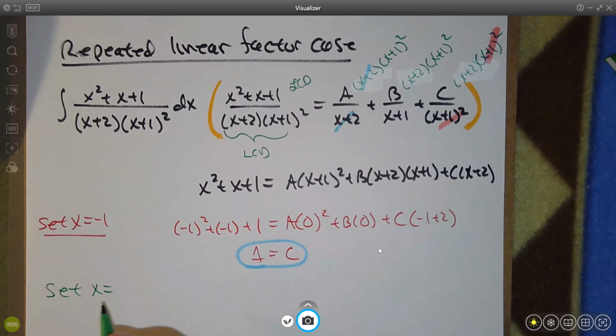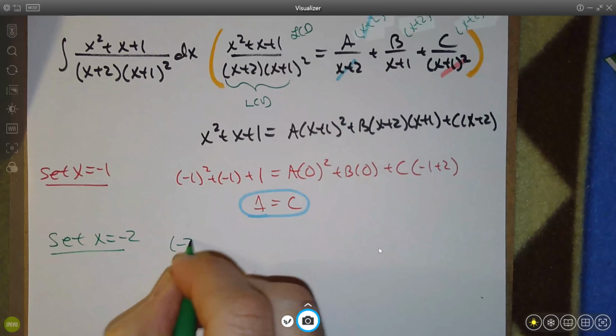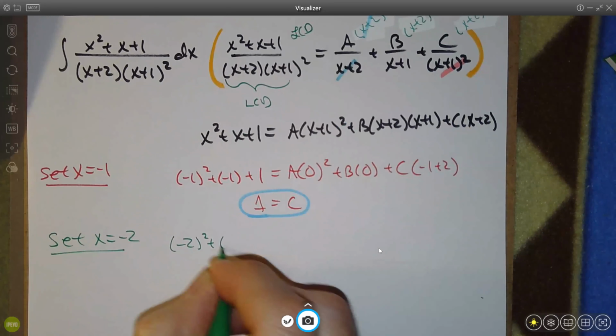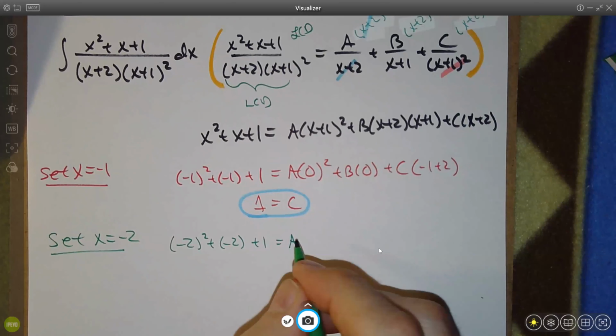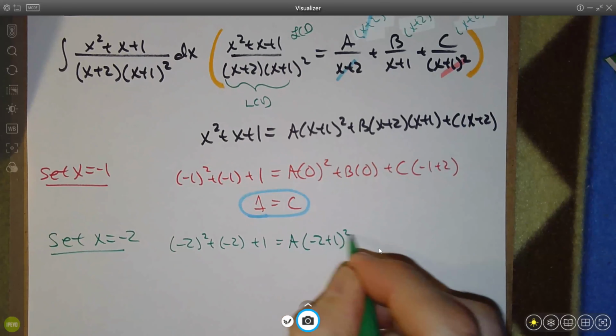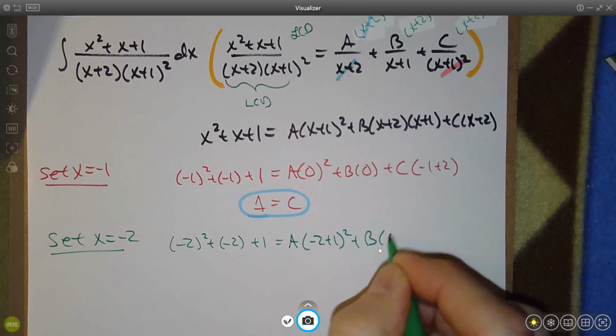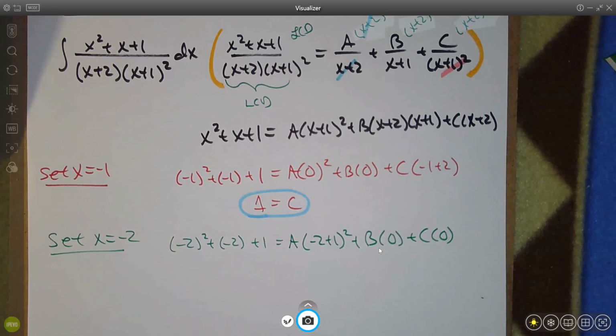I said set c equal to -2. I meant x equal to -2. So that's going to be (-2) squared plus -2 plus 1 equals a times (-2 plus 1) squared plus b times 0 plus c times 0.